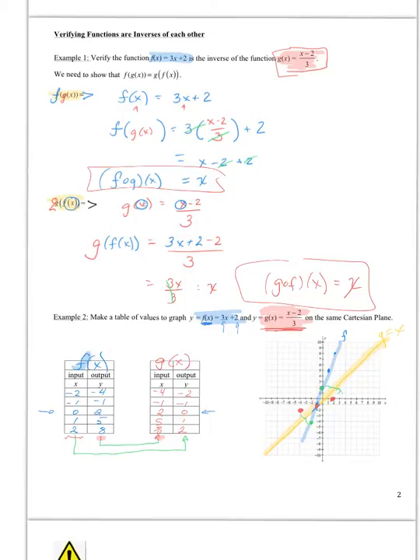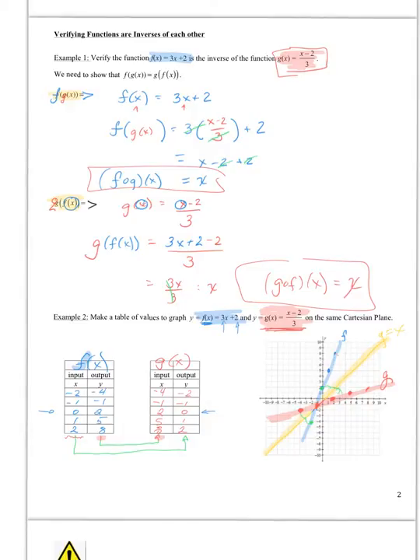Similarly, we have 1, 5 on f becomes 5, 1 on g, and 2, 8 on f becomes 8, 2. So now I get the reflection of f of x over the line y equals x to get my inverse g.